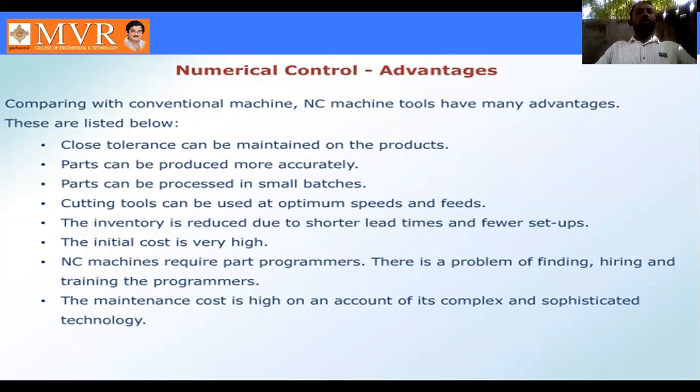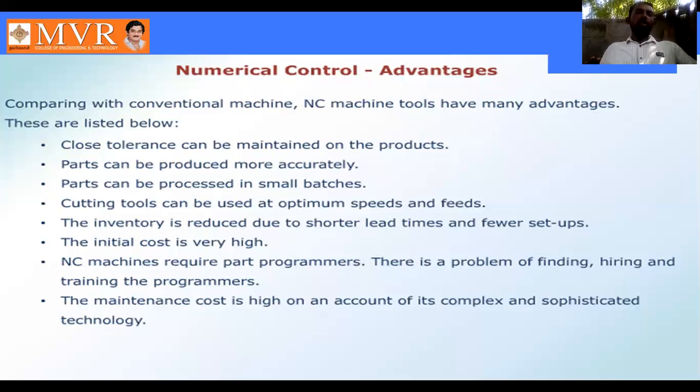Our next topic is NC modes and cutting: straight cut, point to point cut, and contouring cut. These are the topics about numerical control, and these are some of the advantages.